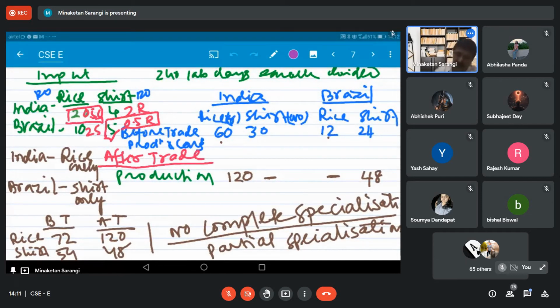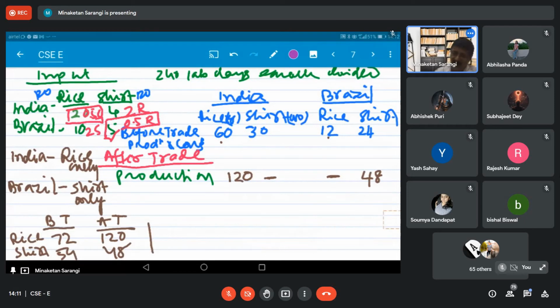Now, what is the concept of partial specialization? In partial specialization, we say the country which is efficient in the production of a commodity will also produce the commodity where it has the comparative disadvantage. But it will produce more of the commodity over which it has the comparative advantage and less of the commodity over which it has the comparative disadvantage.